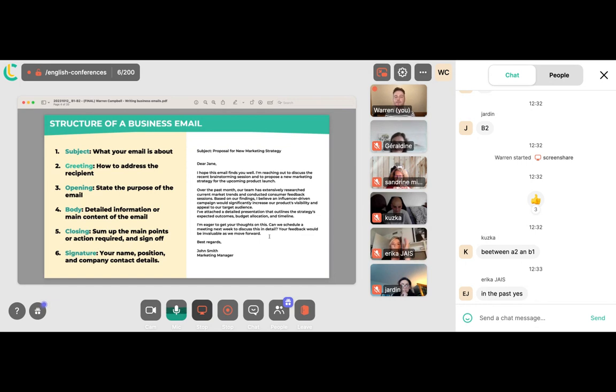So summing up the main points or action required and sign off. Okay. Conclude with your signature. Best regards, John Smith, Marketing Manager. Okay, so making sure to include your name, your company position, and any contact details like a telephone or Skype address or anything like that. Okay.